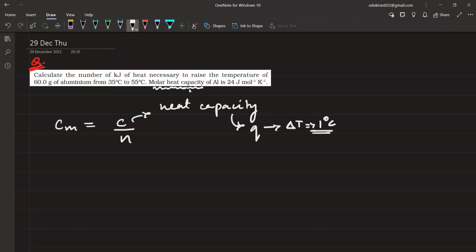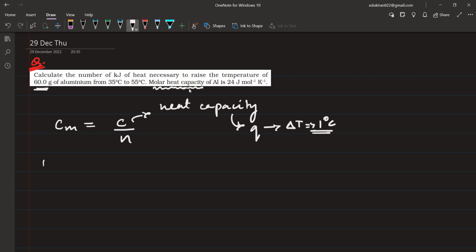ठीक है? अच्छा. Calculate the number of kilojoule of heat necessary to raise the temperature of 60 grams of aluminium. ठीक है, तो सबसे पहले the 60 gram is there and they have given you the molar heat capacity. और आपसे पूछा जा रहा है कि whatever heat is required to increase the temperature by 1 degree Celsius, उसका 10 times होगा.